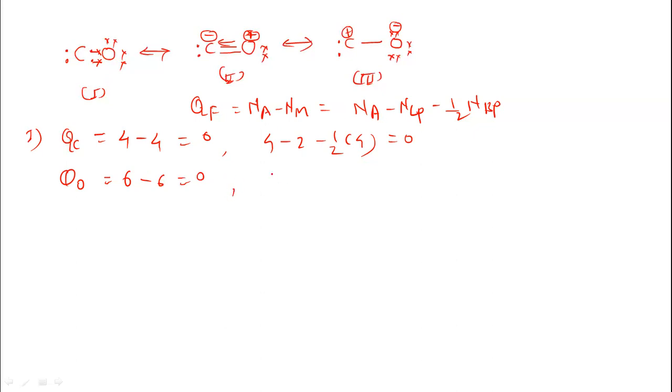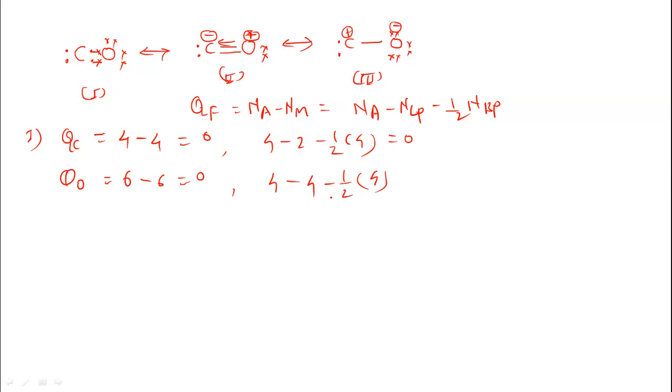Or by this way, it is 4 minus number of lone pair electrons, 1, 2, 3, 4. 4 lone pair electrons are there, minus 1 by 2 into number of bonding pair electrons. This is one bond, this is one bond, so 2 plus 2, 4.